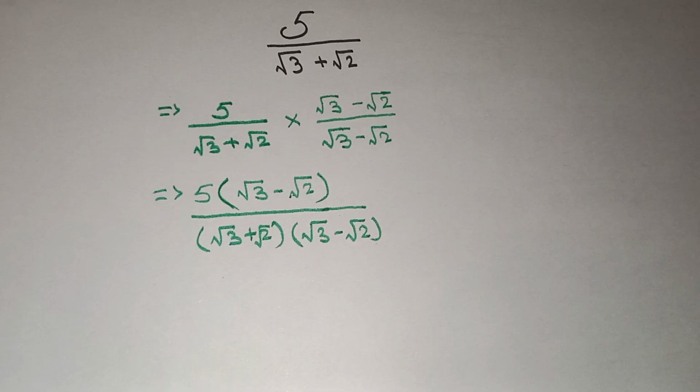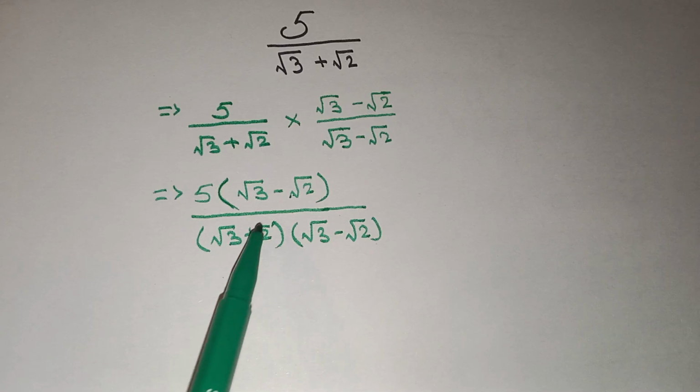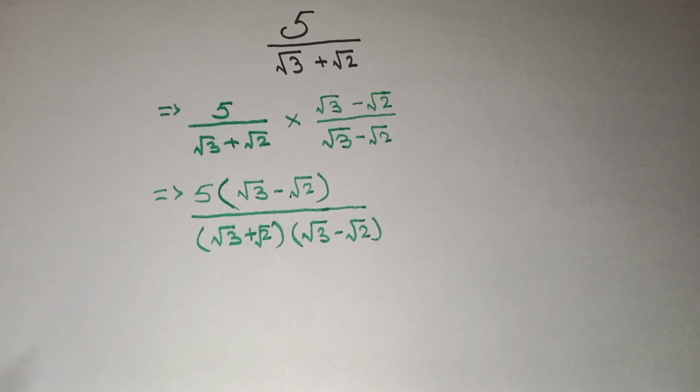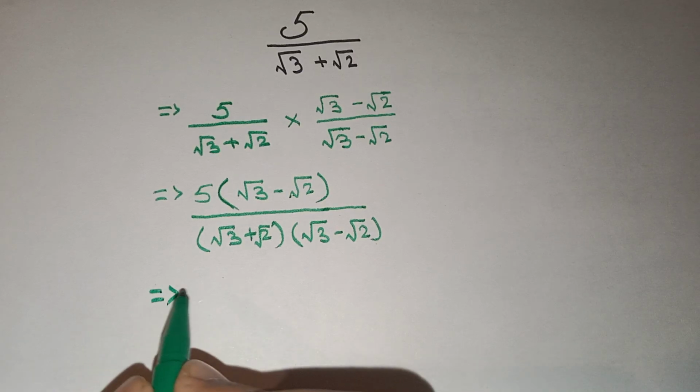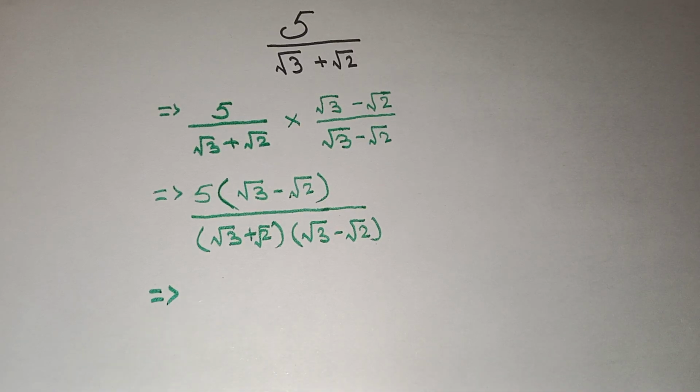So how do we solve it? Now I will only take the denominator, the first bracket and second bracket. To solve it, I will use the identity a square minus b square, which equals (a plus b)(a minus b).